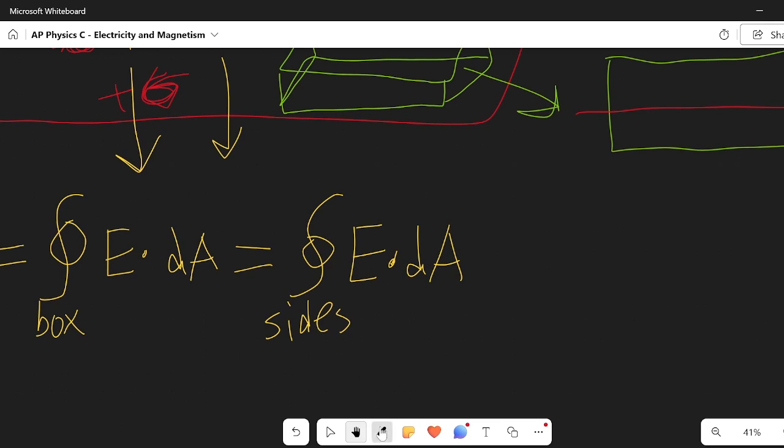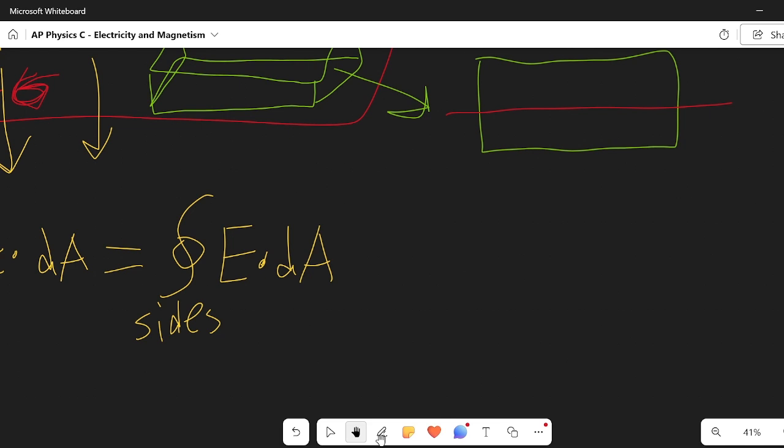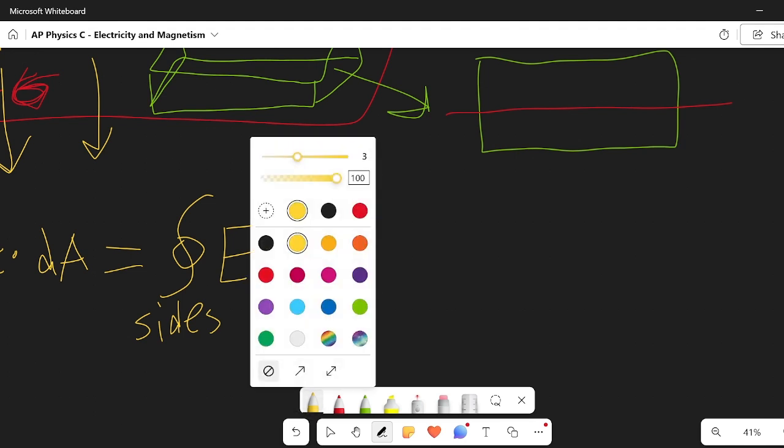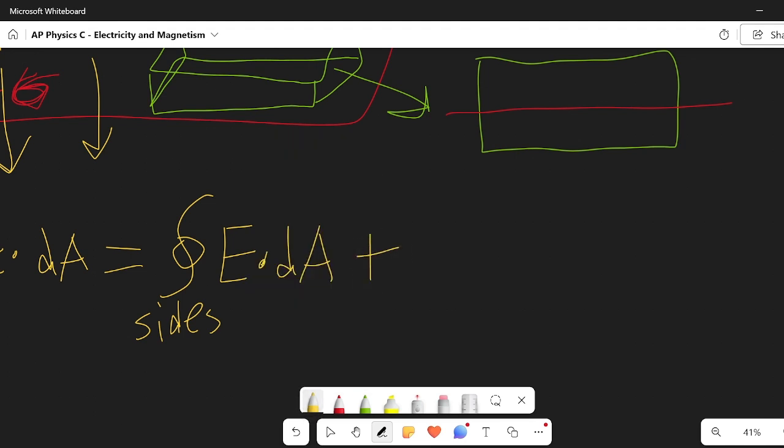Now, for this, we're gonna add the top, because the top and bottom actually have bullets piercing through them, so we'll evaluate them separately.